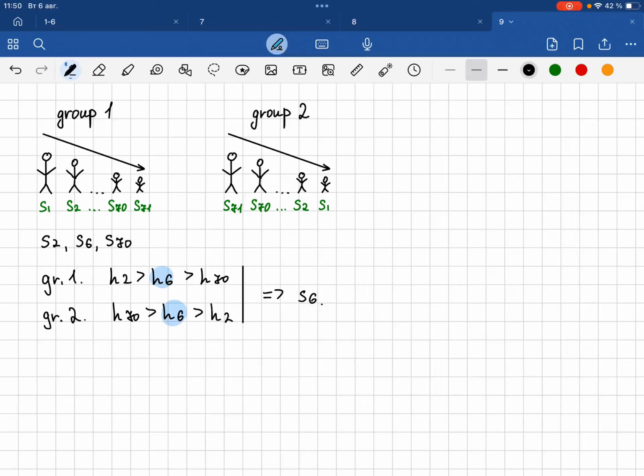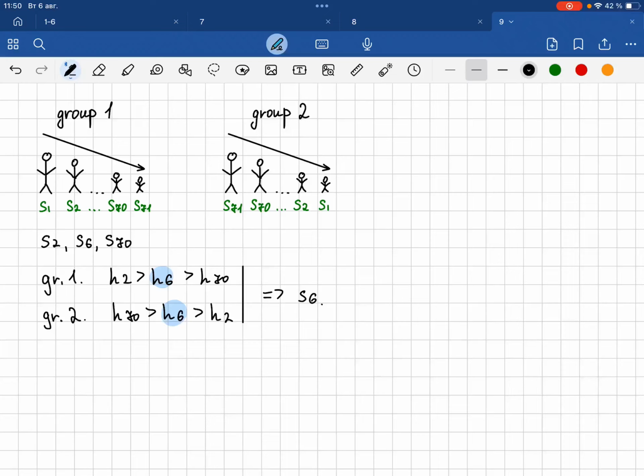Okay, now let's assume that using the method described in the task, the boys can correctly identify the position of some student from the first group. Then their method should be able to demonstrate the equivalent result in the second group, since in the task we are talking about some universal method of identifying students' positions in an arbitrary group of 71 students.